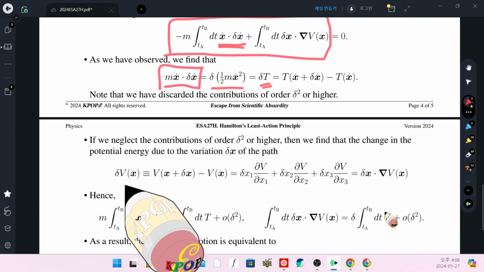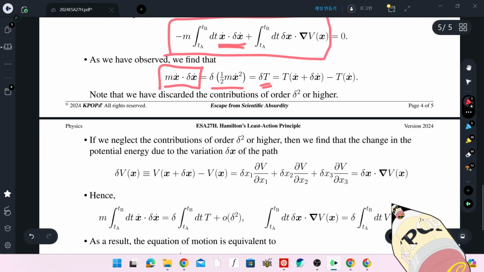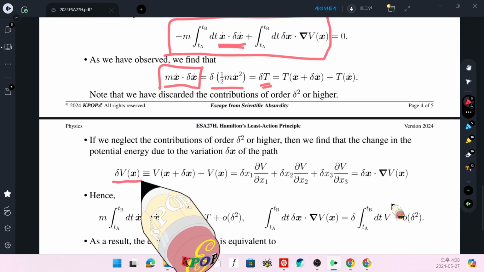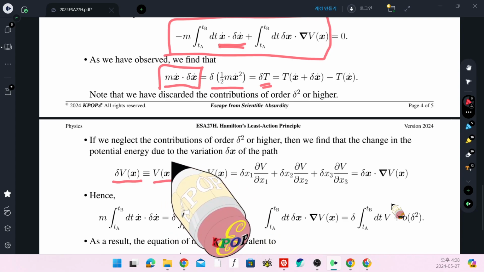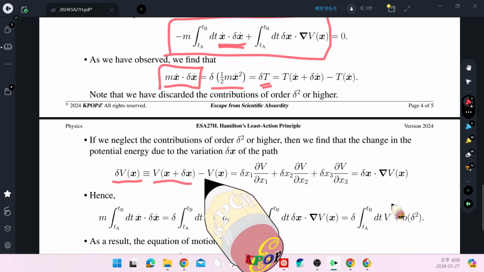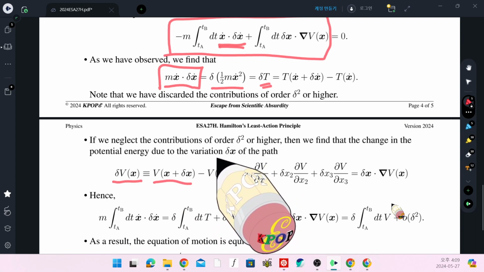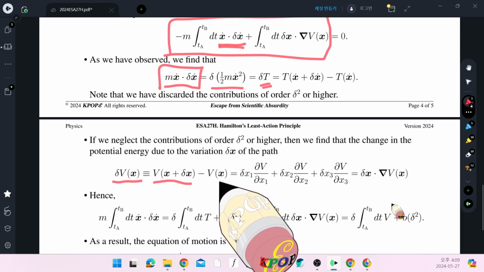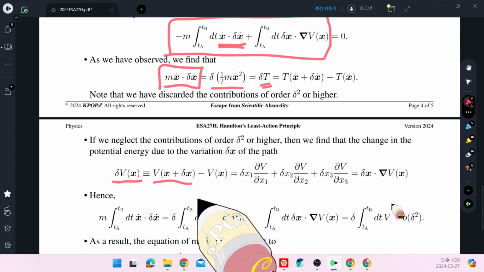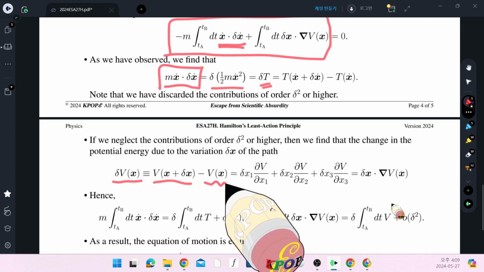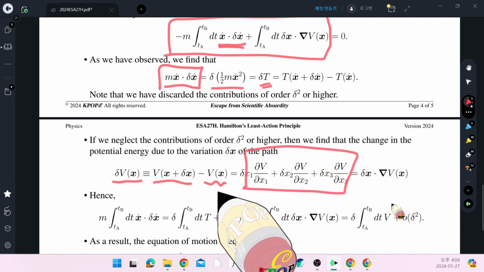Now, the variation of the potential can be evaluated. The variation of the potential is the potential energy evaluated along the path x plus delta x subtracted by the potential energy evaluated at a point on the physical path. Now the gradient can be used to re-express this variation.